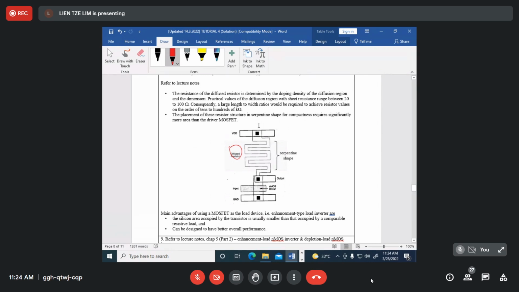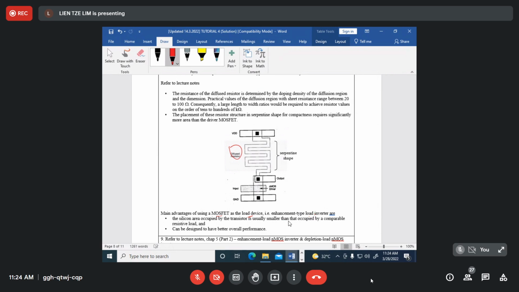In the enhancement type inverter, the area occupied is smaller, because a MOSFET is used as the load device instead of a resistor.